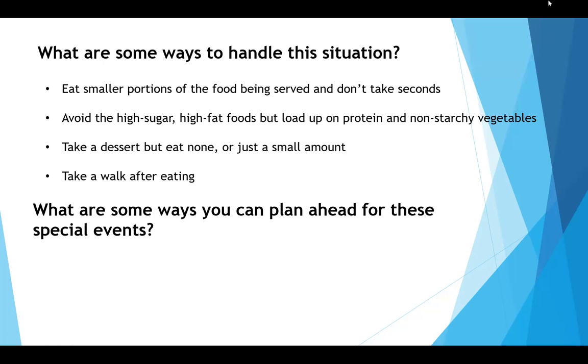She doesn't have to watch me eat it, or maybe I'll just sneak it back onto the tray or onto the table later on, or just have a small amount, a taste, just to give the perception, or just take a walk after eating. If you're going to be around family that's very pushy about certain types of foods and resisting can be futile, maybe getting out, taking a walk after eating so you're not really tempted or guilted, so to speak, to take some of those types of food choices.